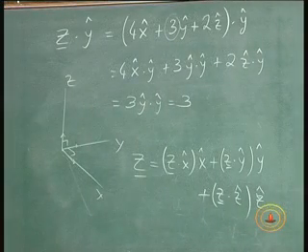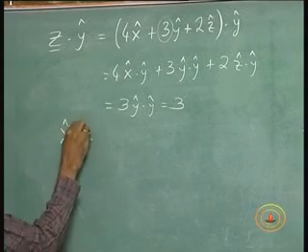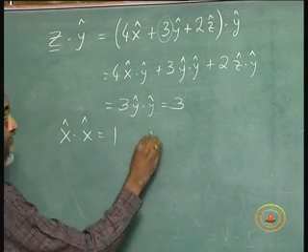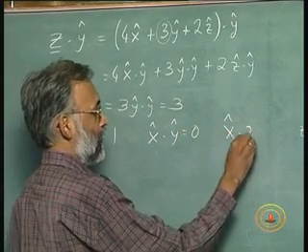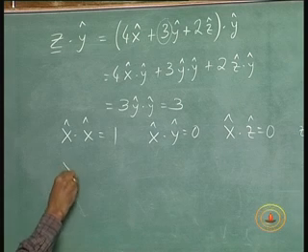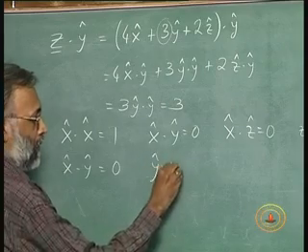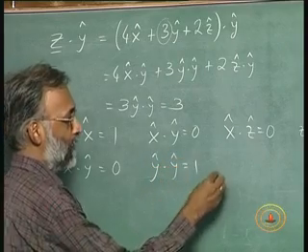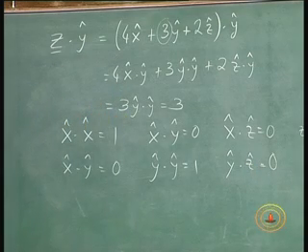So, what are the properties of an orthonormal coordinate system? We know that x hat dot x hat is equal to 1, x hat dot y hat equals 0, x hat dot z hat equals 0. Similarly, y hat dot y hat equals 1, y hat dot z hat is equal to 0.